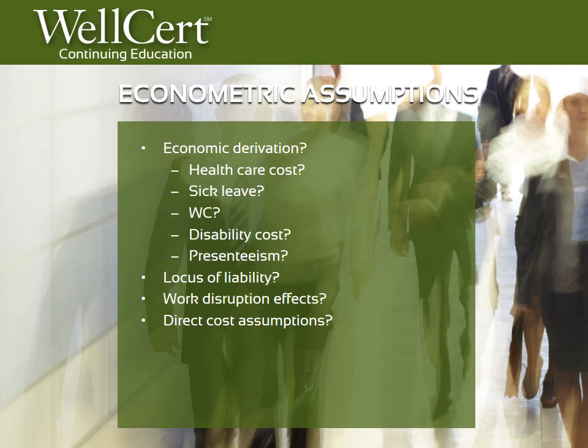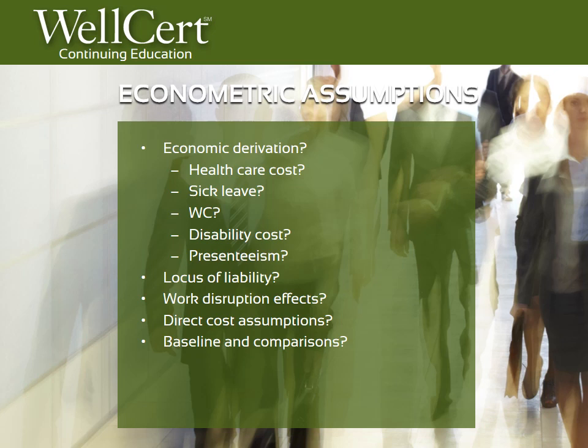There's also the direct cost assumptions about my program. What are the costs associated with my wellness program? And I generally want to stay direct cost oriented, which means I can track it. I, in fact, am paying bills and it's associated with the wellness program, and that is measurable and can be compared with direct savings.